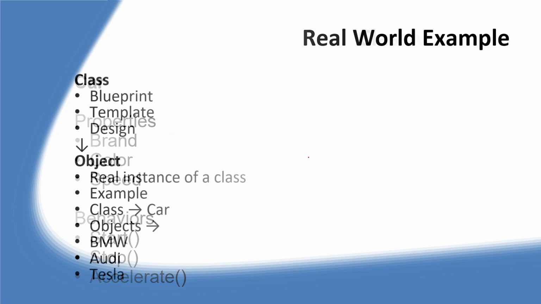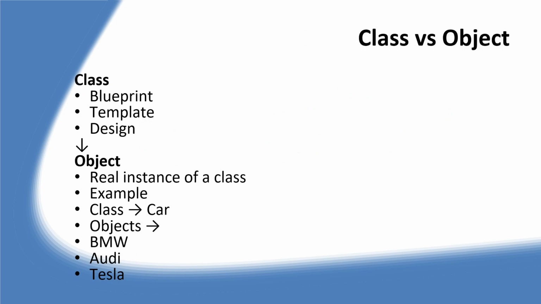So let's understand the class and the object. One of the most important concepts in object-oriented programming is the difference between the class and the object. A class is simply a blueprint.